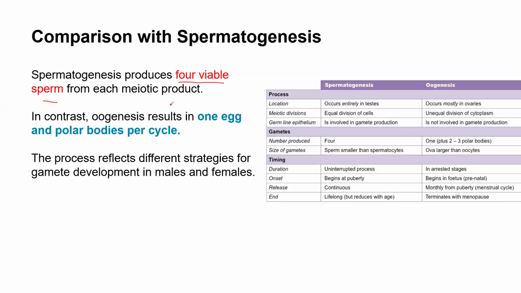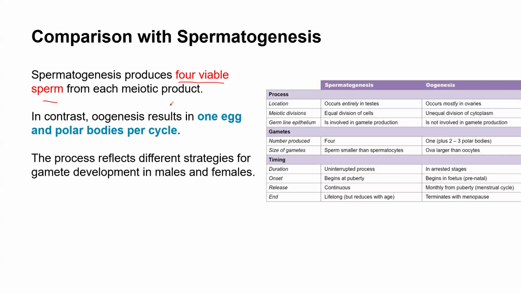Then what is the number of gametes produced? The number produced in spermatogenesis is 4, while for oogenesis it is only one cell with about 2 to 3 polar bodies.